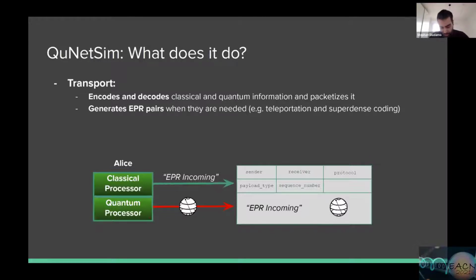So the user doesn't have to ensure that entanglement exists before teleporting a qubit. They just say teleport qubit, and the transport layer will ensure that the EPR pair exists between the end node it's trying to send the qubit to and the sender. So the overall vision, as you can see, is to keep things simple.